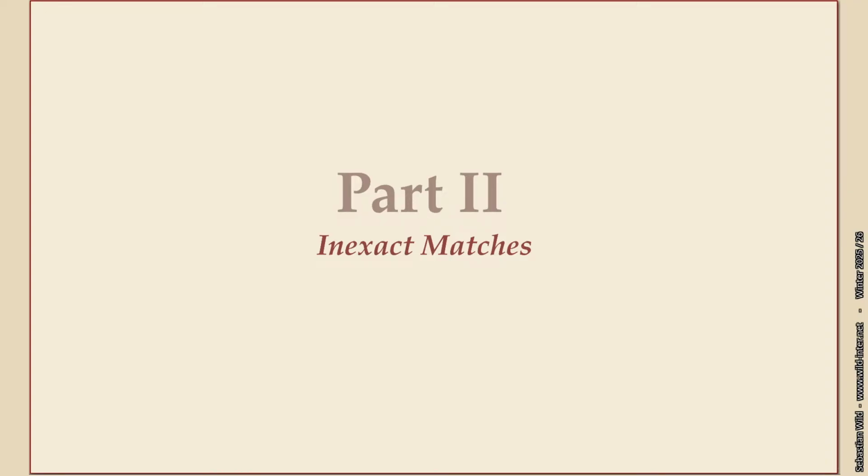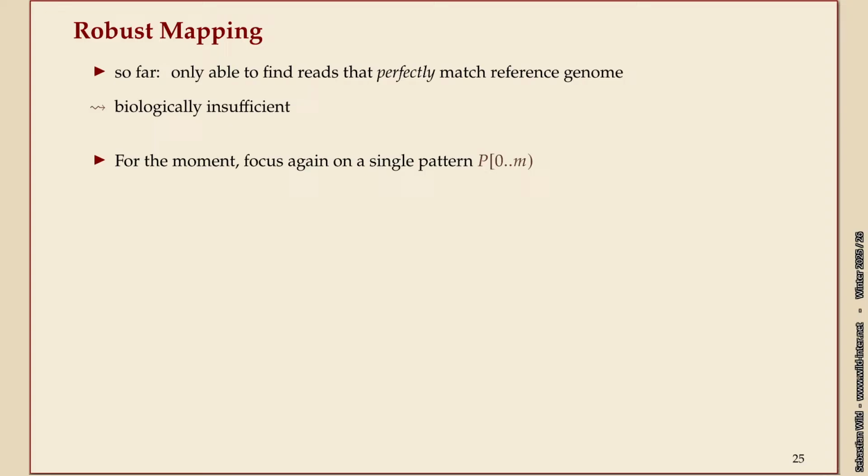In the second part of the string matching unit, we will start looking at inexact matches, which is the biologically more important case, where we're finding the occurrence of a pattern in a string, but it doesn't exactly match. What this means, we already discussed a bit, is that there's various levels of what kind of errors we can allow.